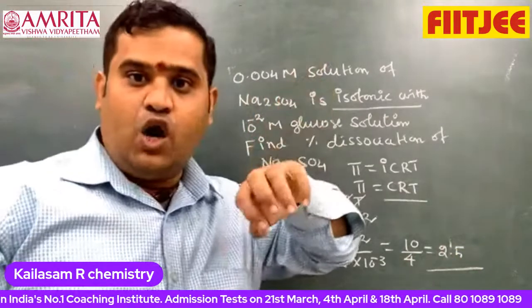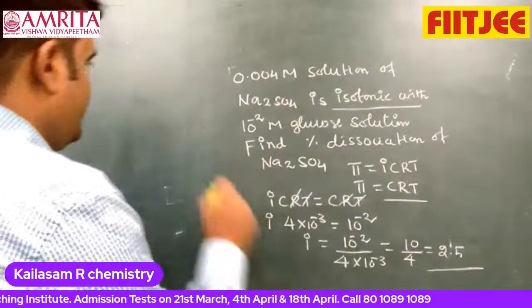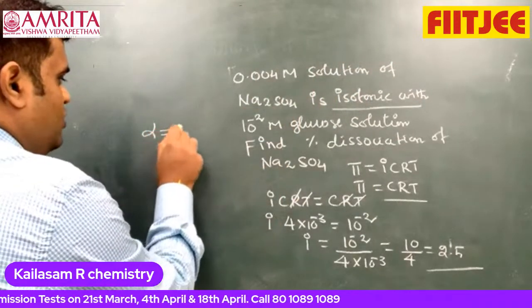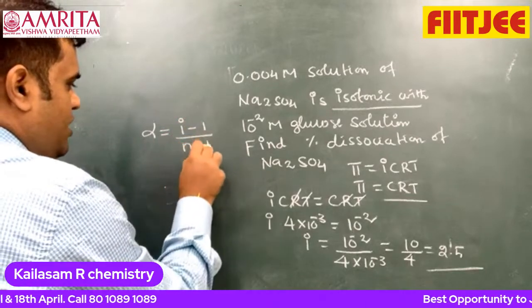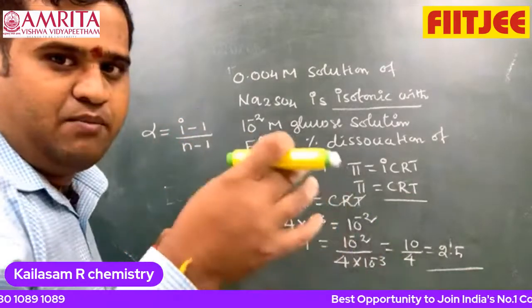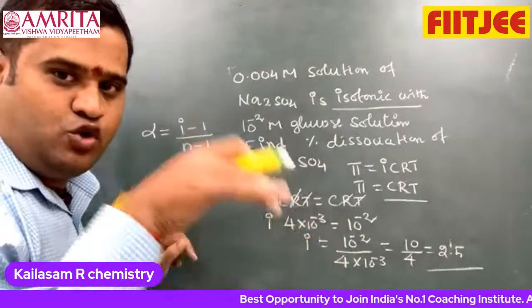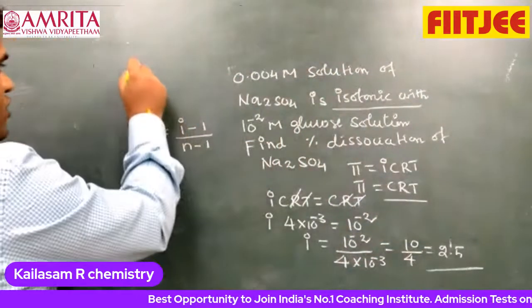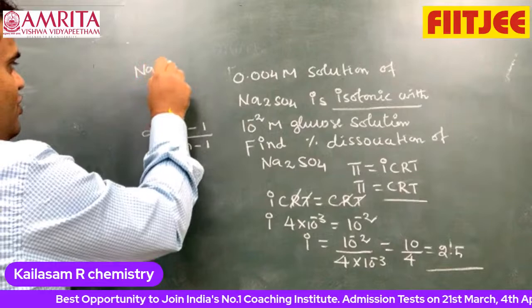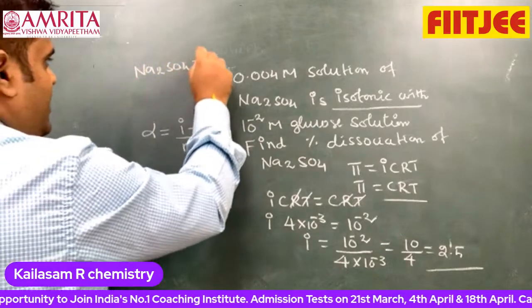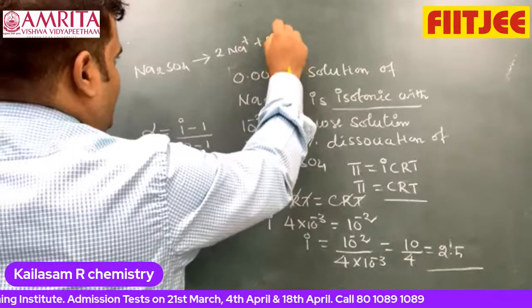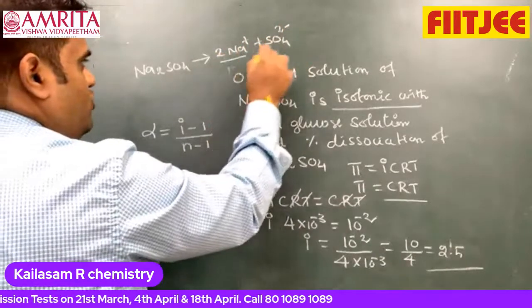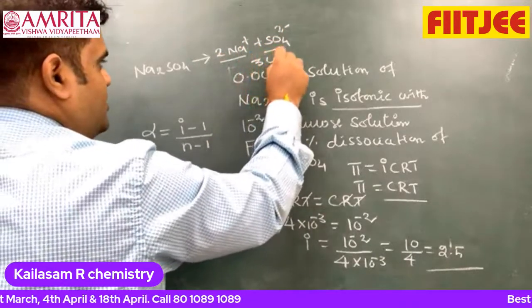Anyway, Na2SO4 undergoes dissociation. Alpha is equal to i minus 1 divided by n minus 1. I told you n is the number of ions present in the solution that underwent dissociation. Na2SO4 gives 2 Na plus and SO4 2 minus, so 2 plus 1, I have 3 ions.